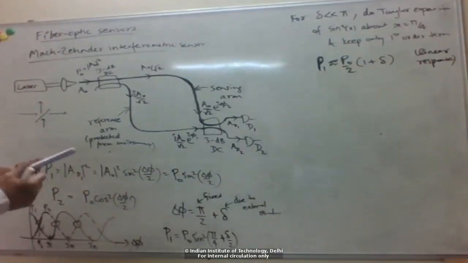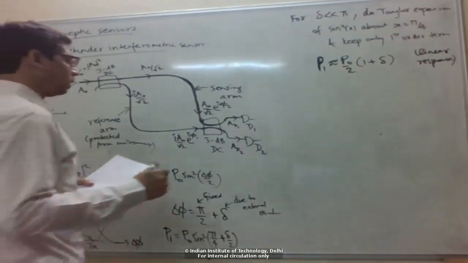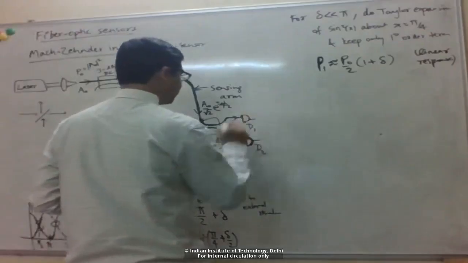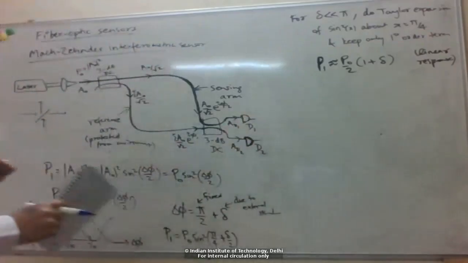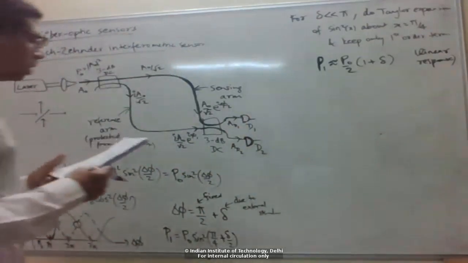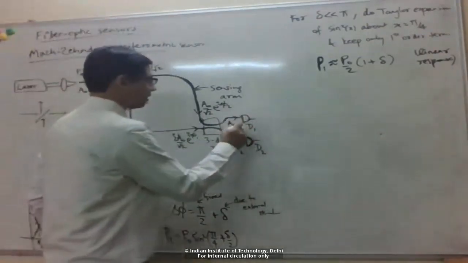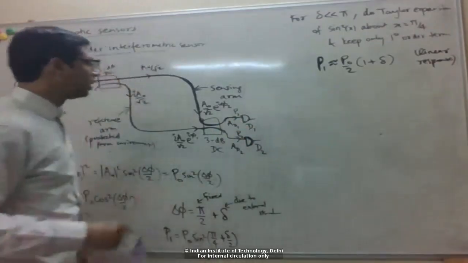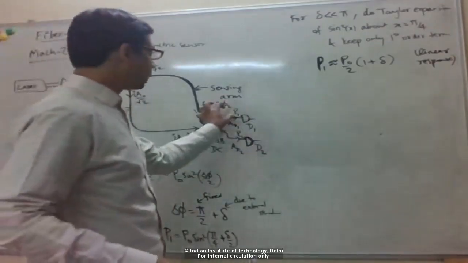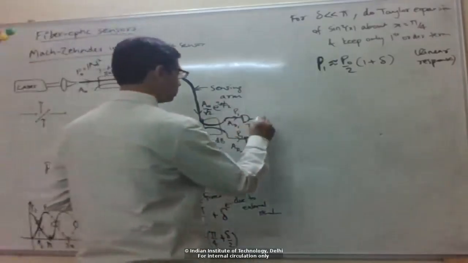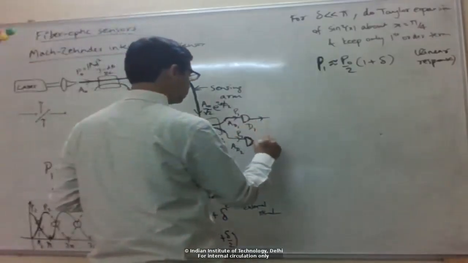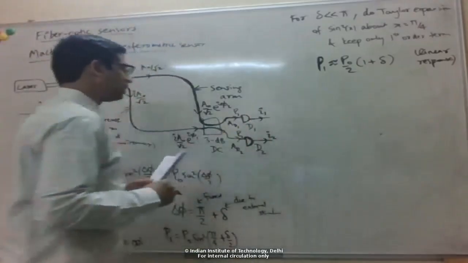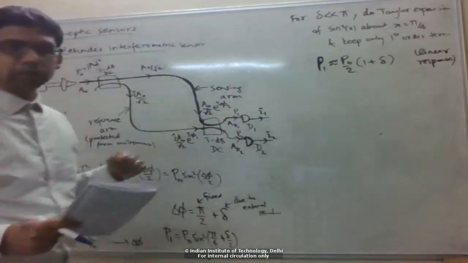Okay, and now to quantify the sensitivity of this sensor. So finally, we have some optical power P1 and P2 hitting the detector, right? And now this photodetector converts the optical power into some current. So some I1 and I2, which is proportional to P1 and P2, right?